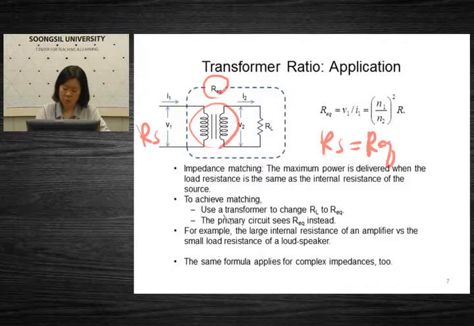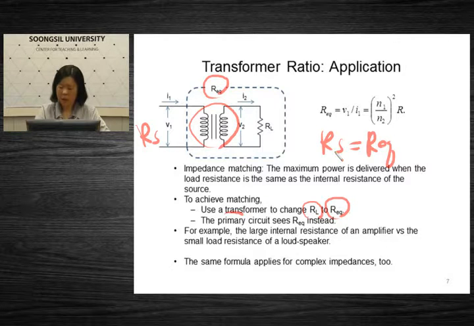So we use the transformer to change the load resistor value to the equivalent resistor value. Then when we set this equivalent resistor value the same as the source resistor, the power is matched. Then how do we make this equivalent value the same as the source resistor value? We adjust the ratio between N1 and N2. That's how we do it. So we use the ratio between N1 and N2 to do impedance matching.